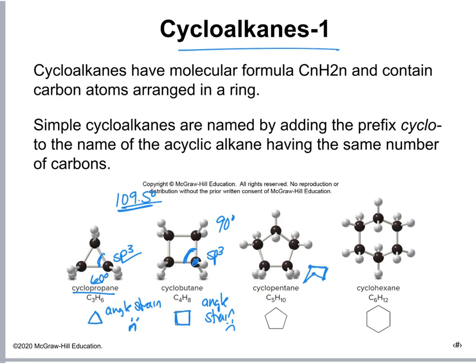It will adopt a conformation such as this. 1, 2, 3, 4, 5. It's called the envelope. We'll see future slides. The envelope relieves this angle strain. So the conformation is, and we've already talked about, cyclohexane is actually a chair conformation. It's like a little lounge chair, okay, to relieve the angle strain.